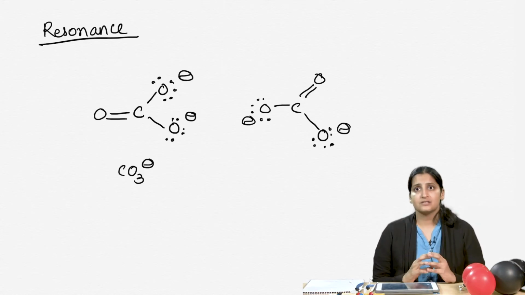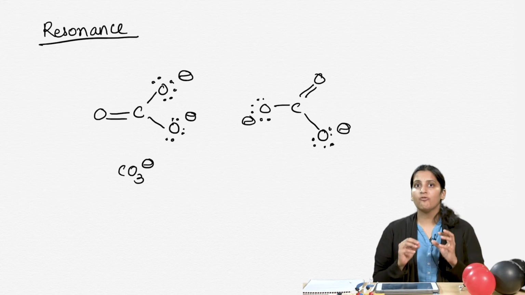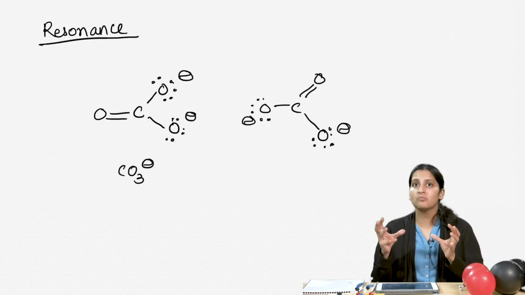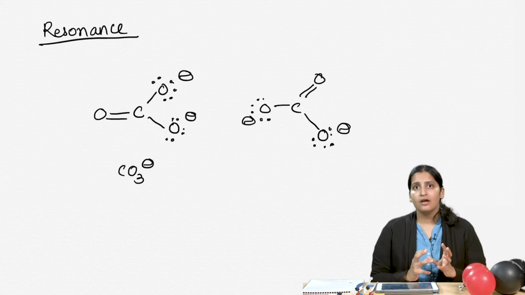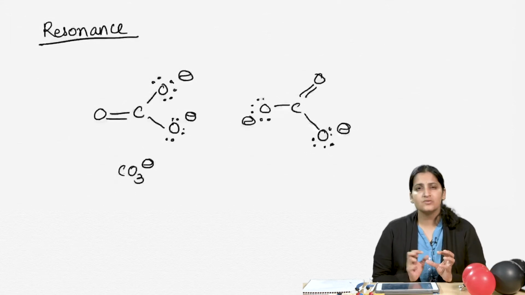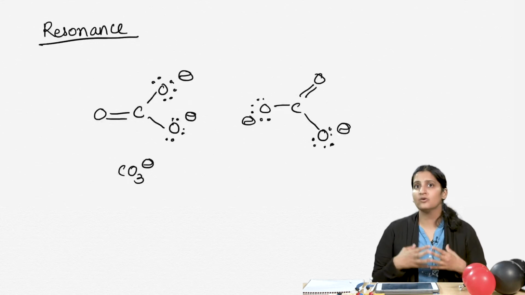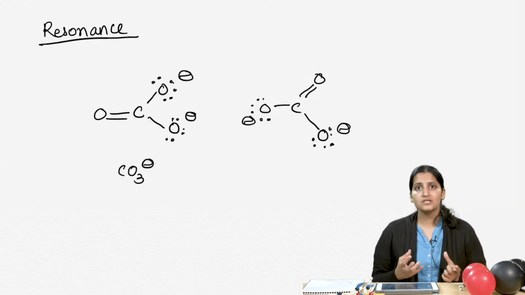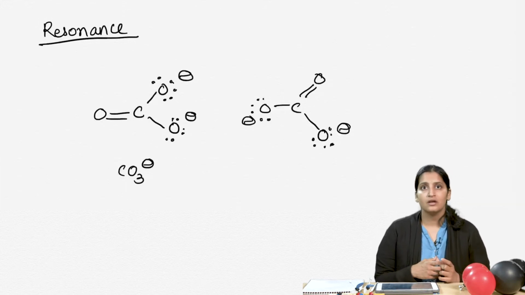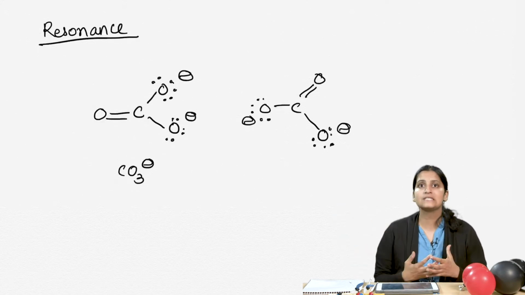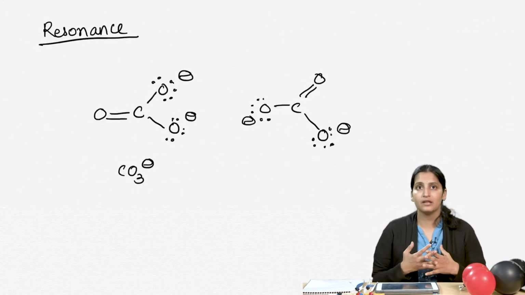So, as chemists developed a deeper understanding of how bonding happens in various molecules, they soon realized that it is very difficult to represent the bonding in multiple molecules or ions by just one particular Lewis structure. In fact, what they could come up with were multiple Lewis structures for the same molecule or for the same ion.